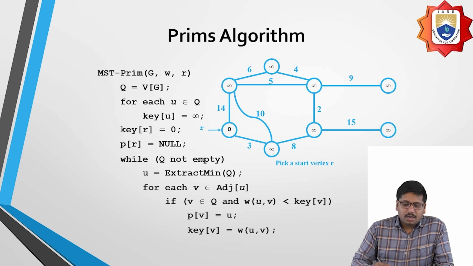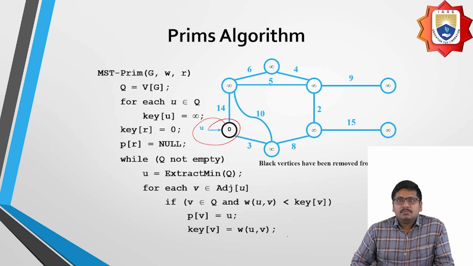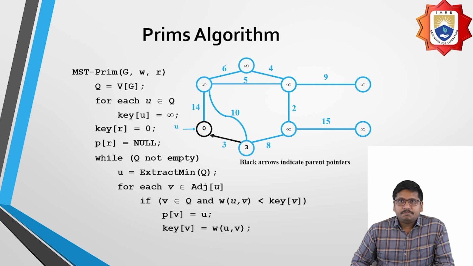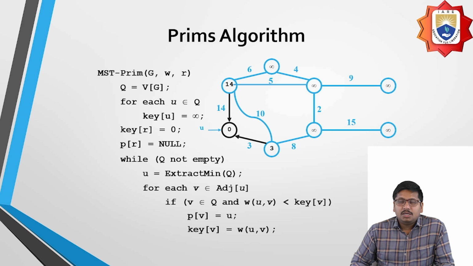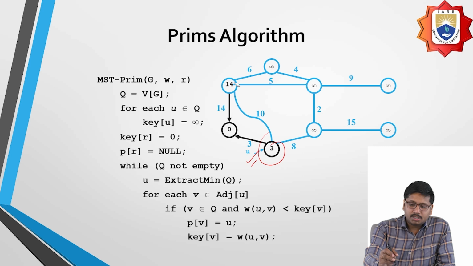and from this I have to identify what is the minimum among these two. So that's why I'm going to select 3 here. So 3 is selected. From this again I'm going to choose the next one, 14. So among these two, 3 is the minimum edge, so I have to mark 3 as the current node in this case.